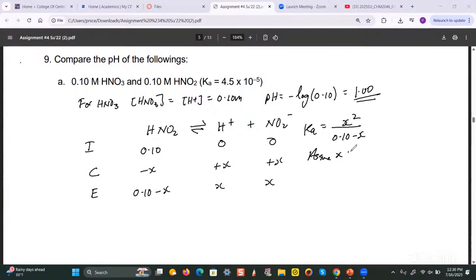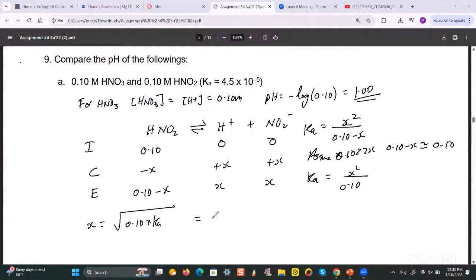X is much less than 0.10, which means that 0.10 minus X would be approximately equal to 0.10, right? So this simplifies the equation to Ka is equal to X squared over 0.10. So therefore, X would be equal to the square root of 0.10 times Ka.